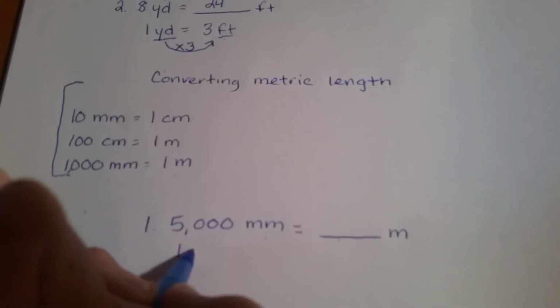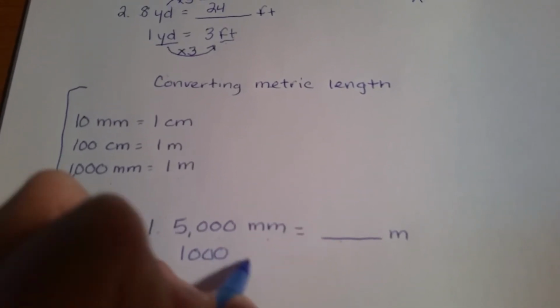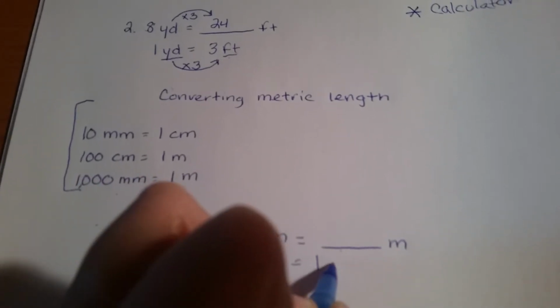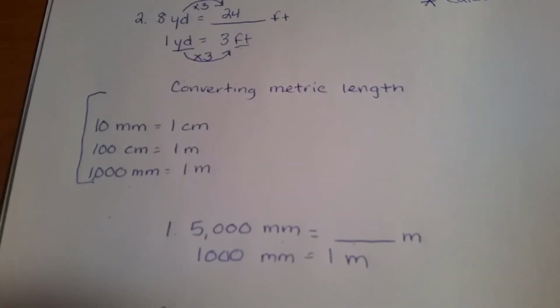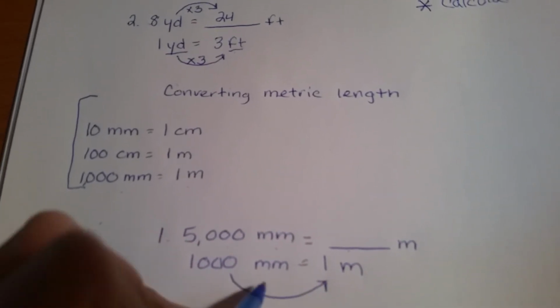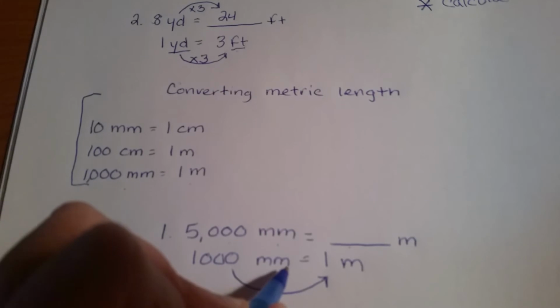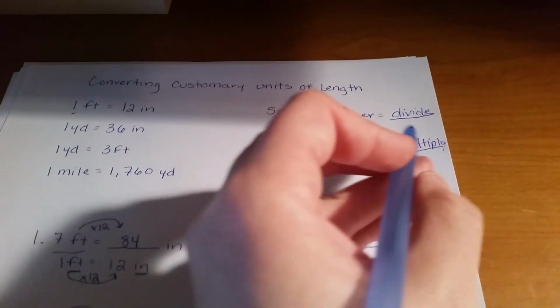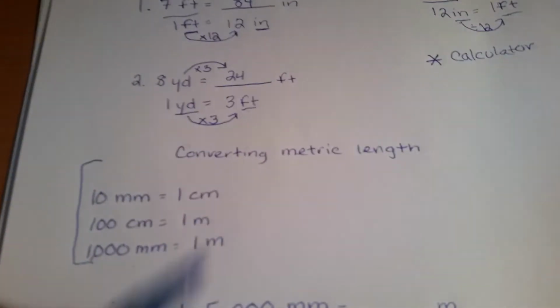So 1,000 millimeters equals 1 meter. Okay, so what did I do to get from here to here? Well, it looks like I went from a small unit of measurement to a larger unit of measurement. So what do I do in that case? I have to divide.